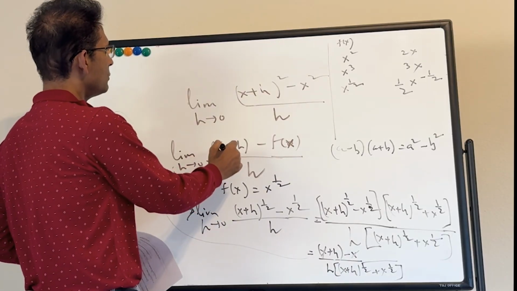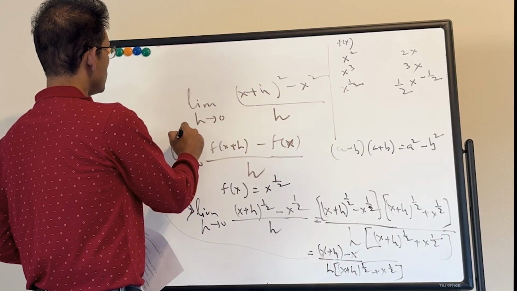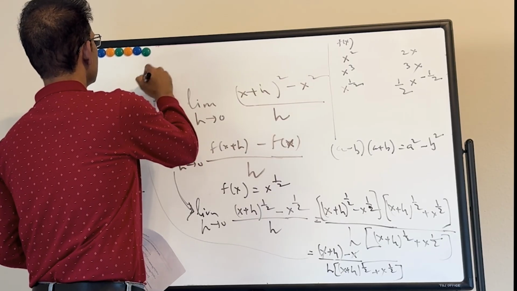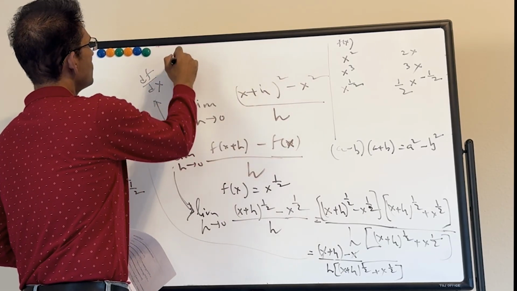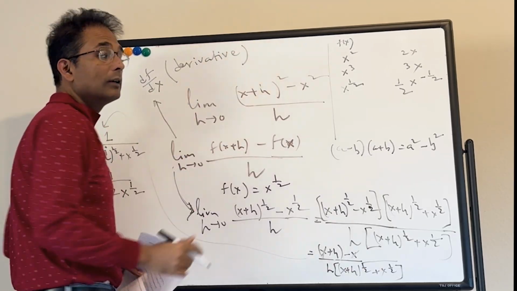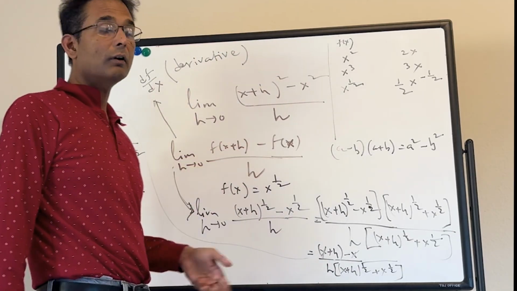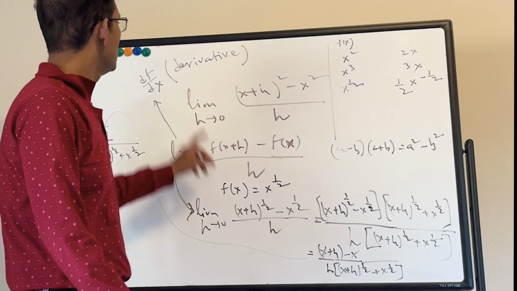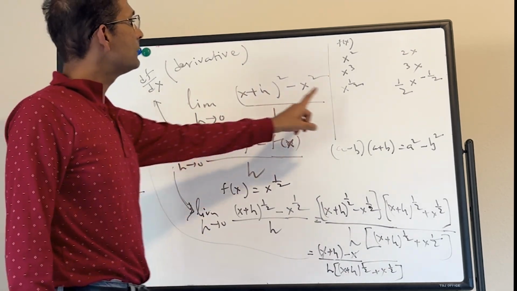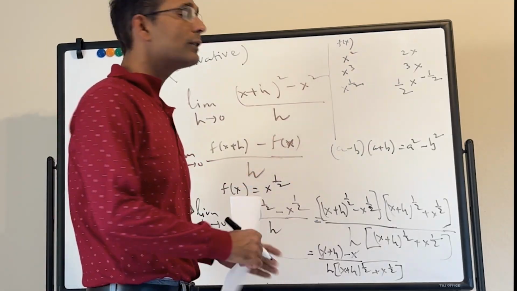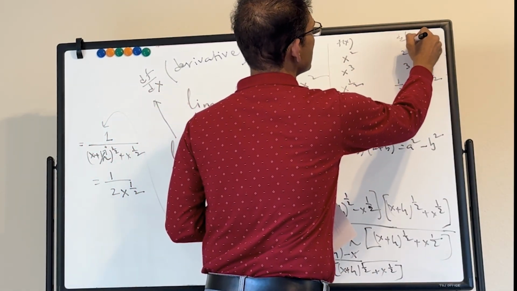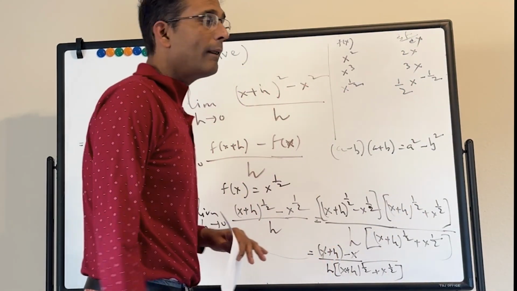This limit is sometimes written as df dx, which is called the derivative of a function, and this method is called differentiation. So for these functions, these are the derivatives, df dx.